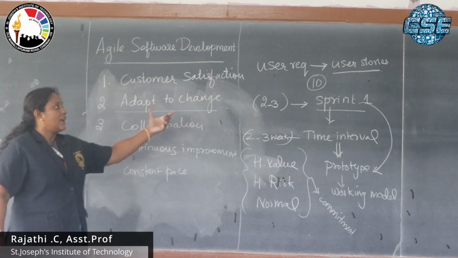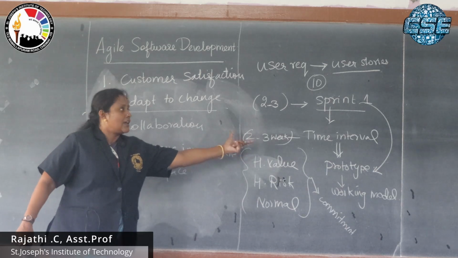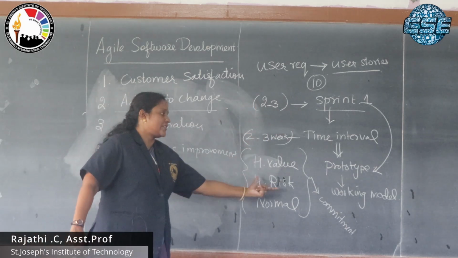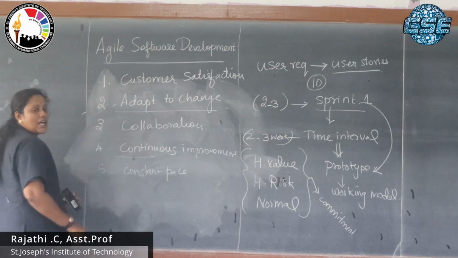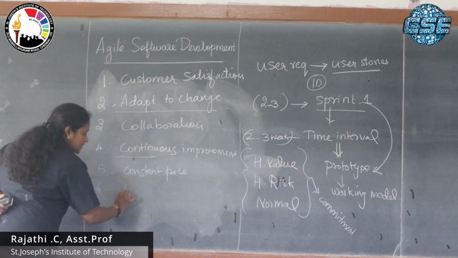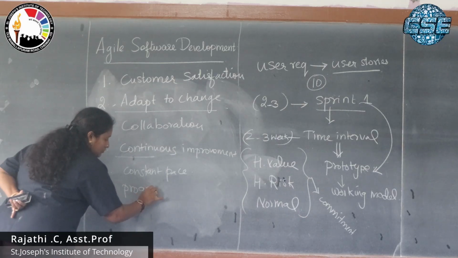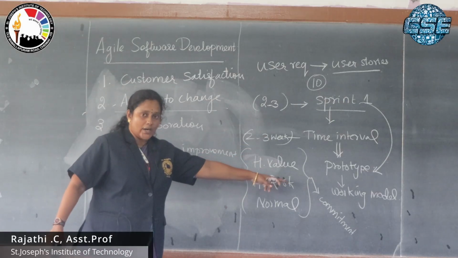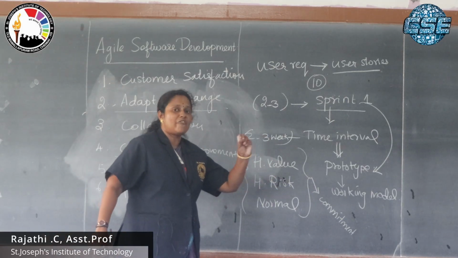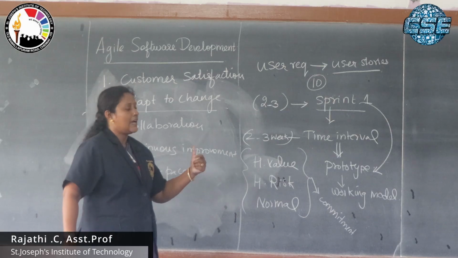So every 2 to 3 weeks, every sprint has to give the working model, and continuous improvement comes from these changes and progress. Sprint 1 gives some working model. In this working model, some fine tuning has to be done by the developer.